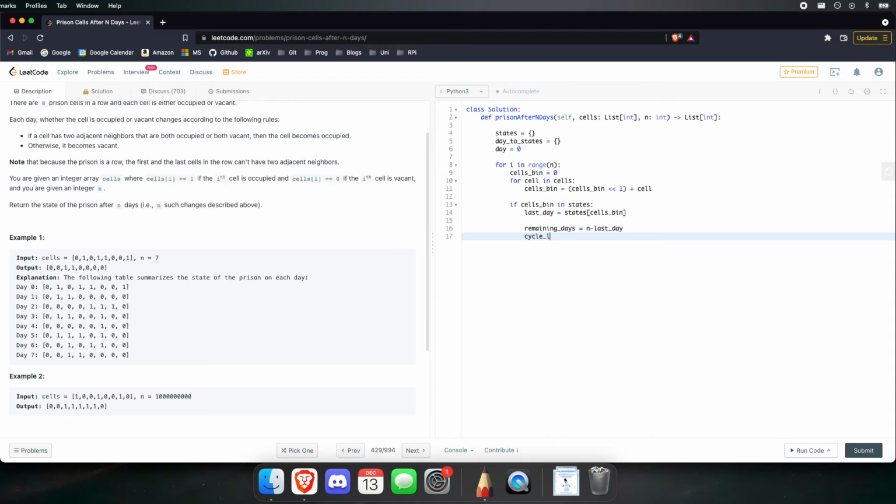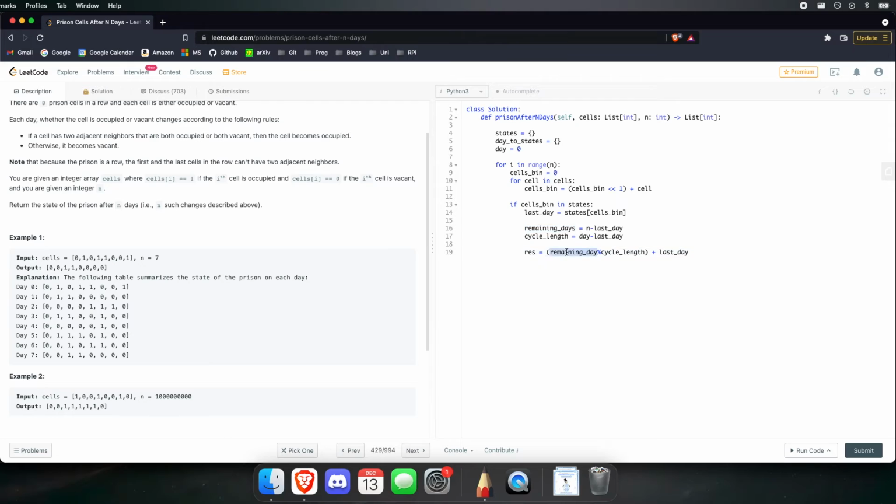Let's call this cycle length, and that's going to be equal to the current day minus the day we saw the cycle. And of course, we want to do remaining days modulo cycle length plus the offset. In this case, the offset is the first day we saw that cycle.